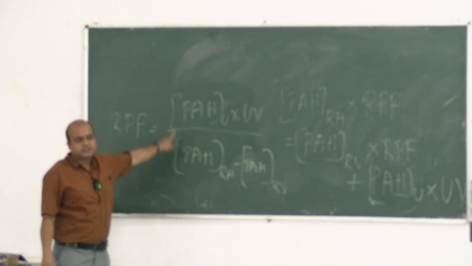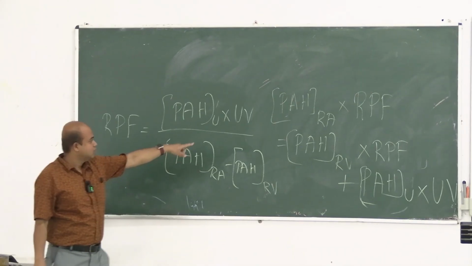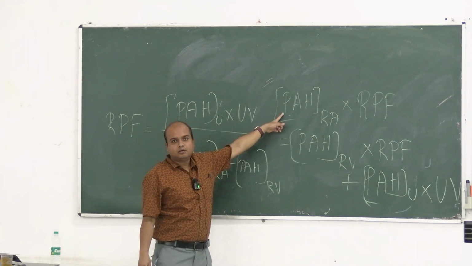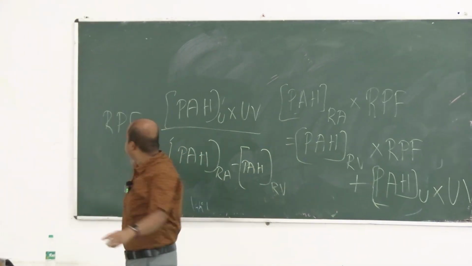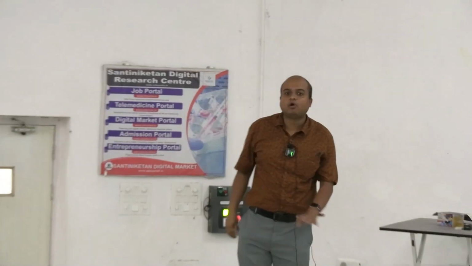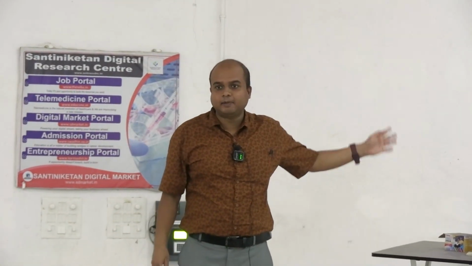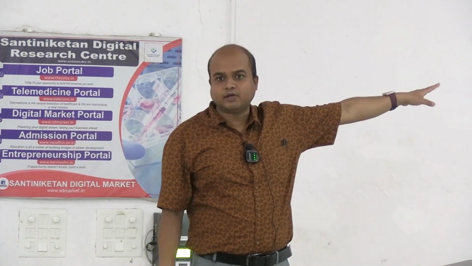Can you rearrange the equation and come to this? Very simple. This will come on this side with a subtraction sign, and for solving for RPF, this will be the equation. Right or wrong? This is right. This is just mathematics, just rearranging the equation. This is the renal plasma flow.